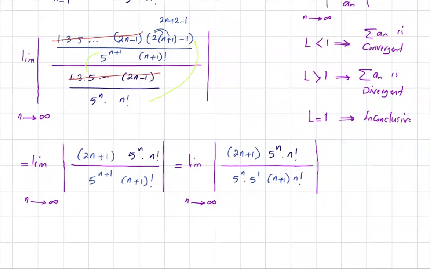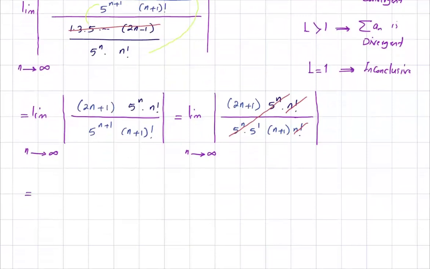Now get rid of the common factors, which are n factorial and n factorial, and also 5 to the n and 5 to the n. So you are left with the limit of 2n plus 1 divided by 5 times (n plus 1).